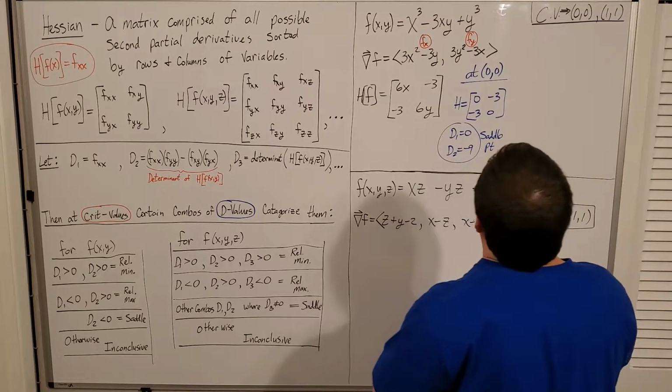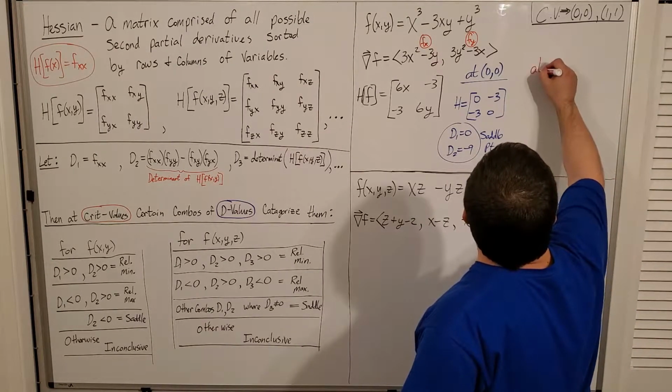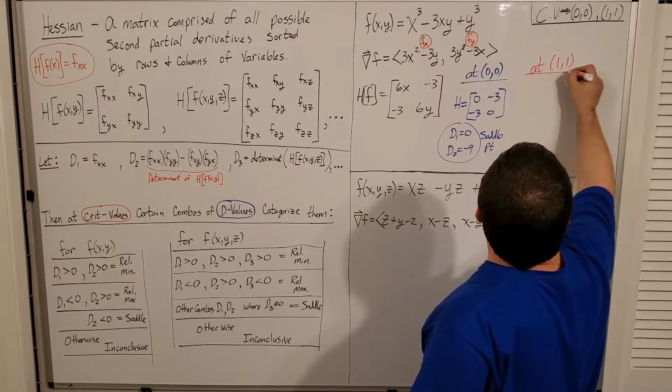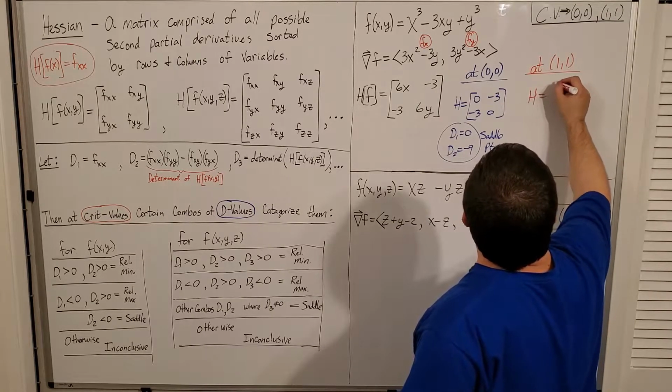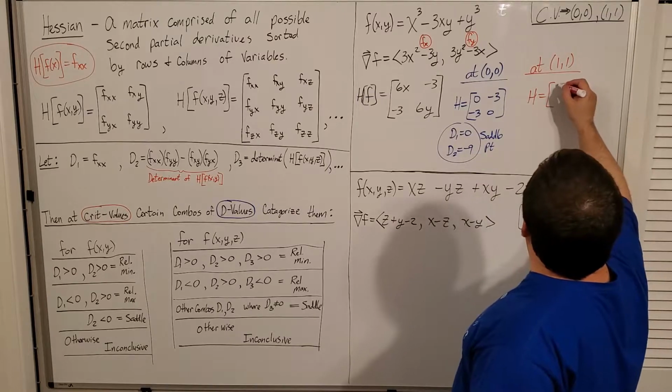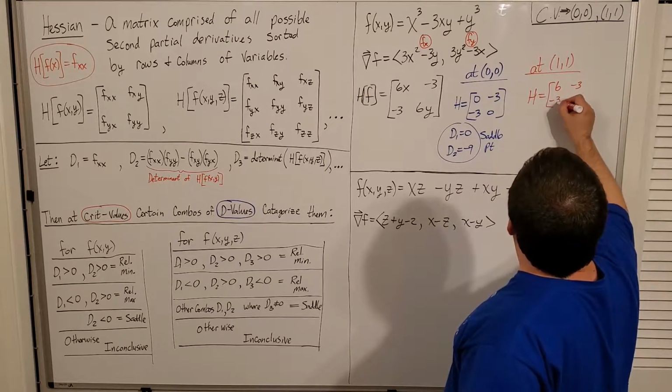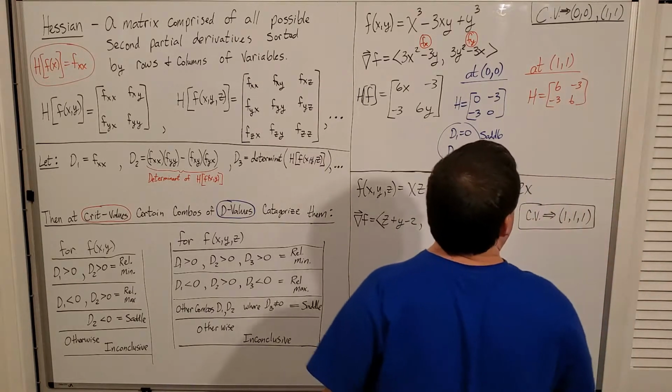The critical value at 1, 1. My Hessian for this point is going to be 6, negative 3, negative 3, 6, like so.